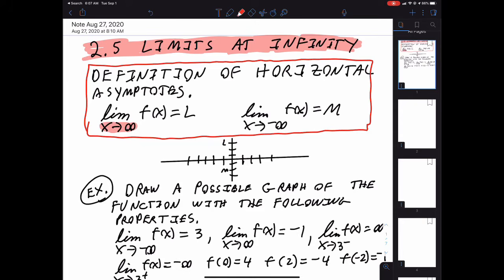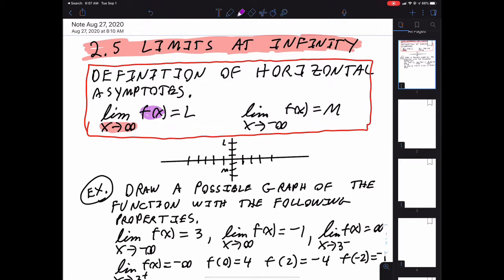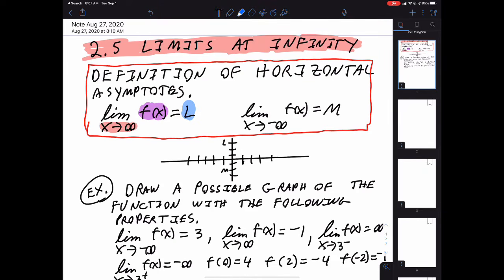In your head, you should see yourself moving far to the right. So the limit is x goes to infinity. As I move to the right, what's happening? The next thing you should see is this. The function, or the y value of the function, gets really close to or equals what? It gets close to or equals L.